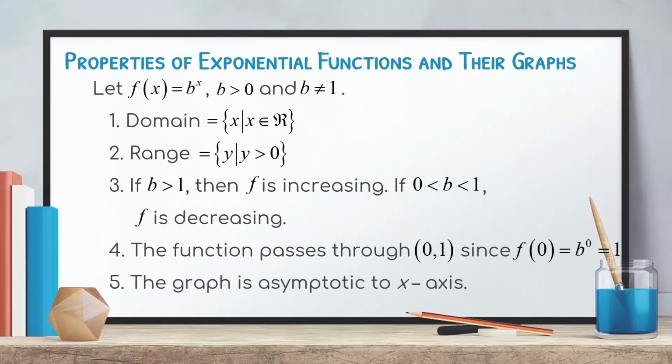If b is greater than 1, then f is increasing. If b is greater than 0 but less than 1, then f is decreasing. The function passes through the point (0, 1), since f of 0 is equal to b raised to 0, which is equal to 1. The graph is asymptotic to the x-axis.